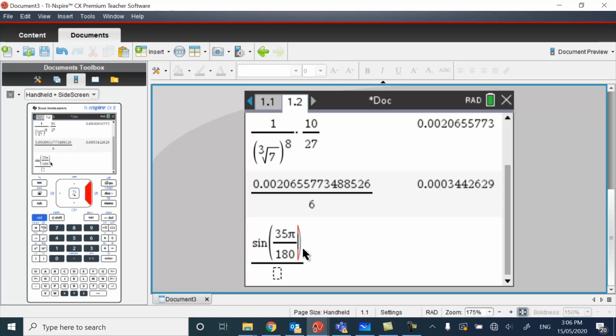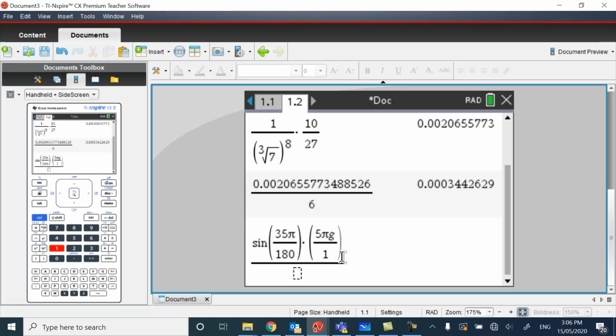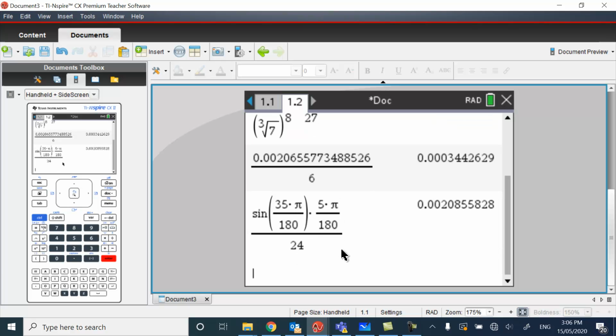And then we've got to times that by 5 degrees. I'll put this in a bracket and put that there as well. So that will be 5 pi divided by 180. And this will be divided by 4 factorial, which is 24. And there's our answer there.